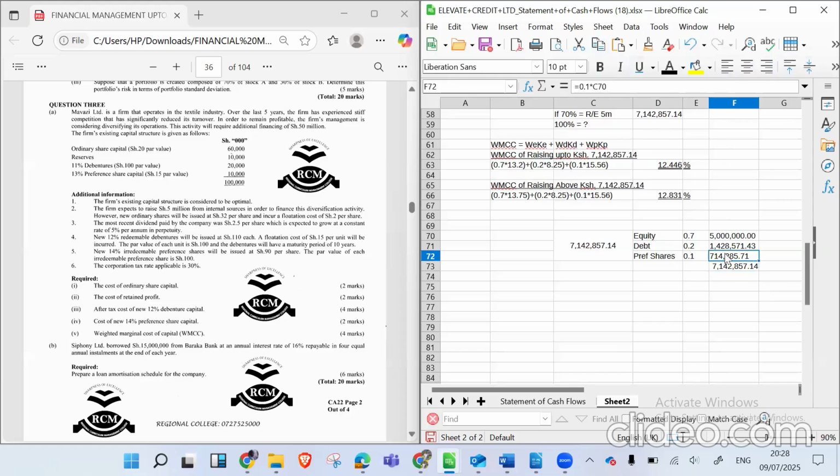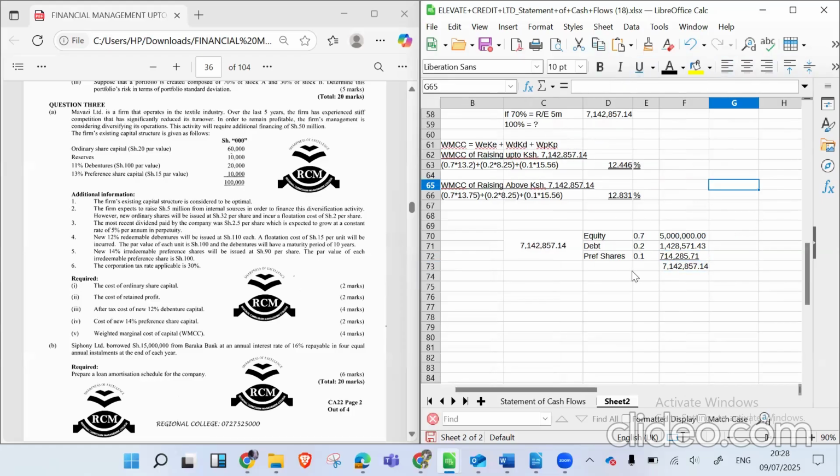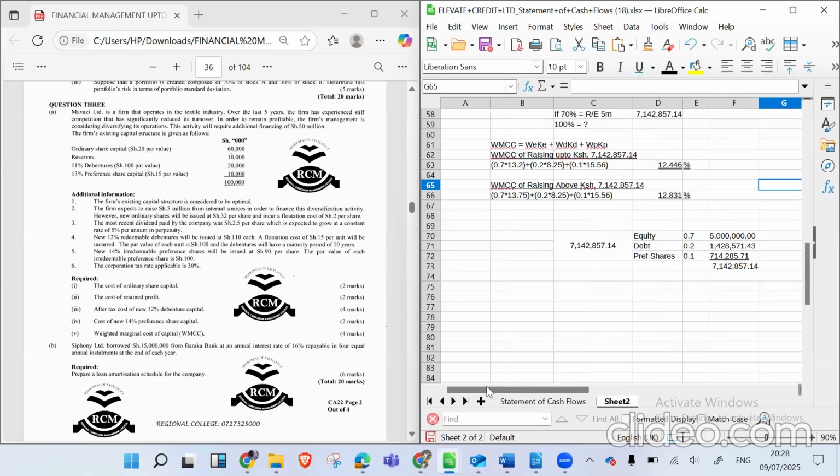So it means that anytime I'm raising funds, I must first of all utilize the amount available from a cheaper source. So for my WMCC, the 50 million that I wanted to raise, I'll raise in 2 bits. I start by raising up to the breakpoint of retained earnings.